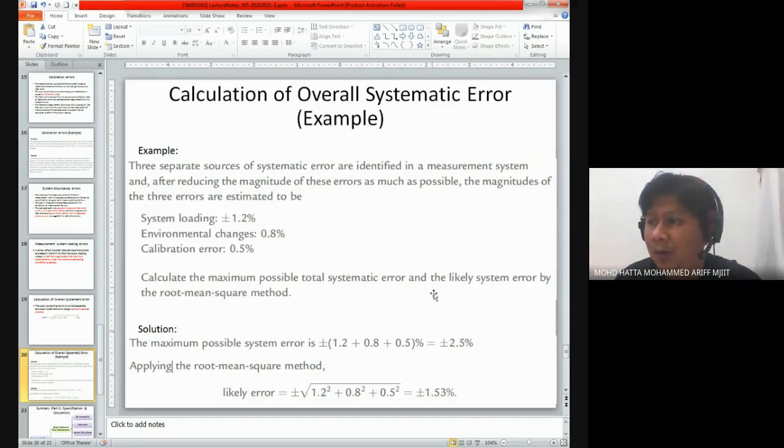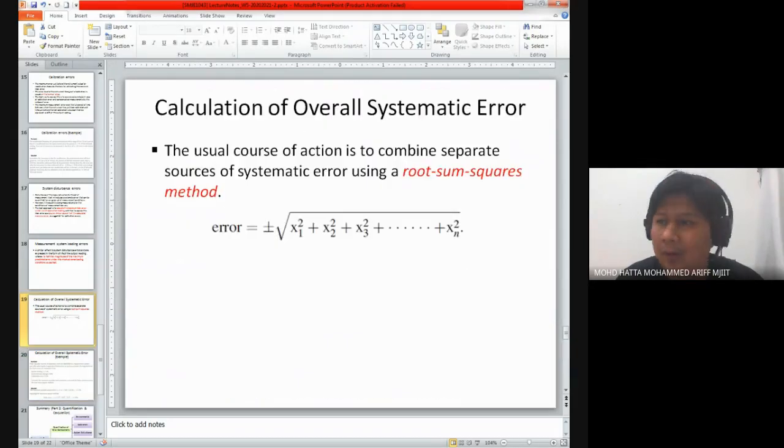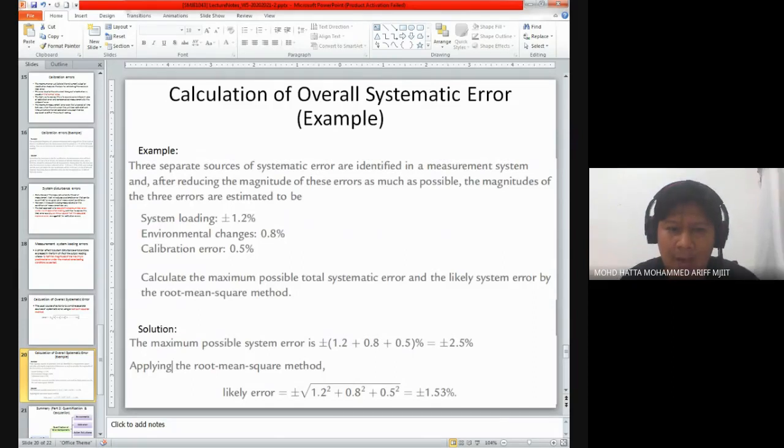For the likely system error by the root mean square method, you need to apply the formula that I showed you earlier for calculation of overall systematic error, where we combine all those errors.